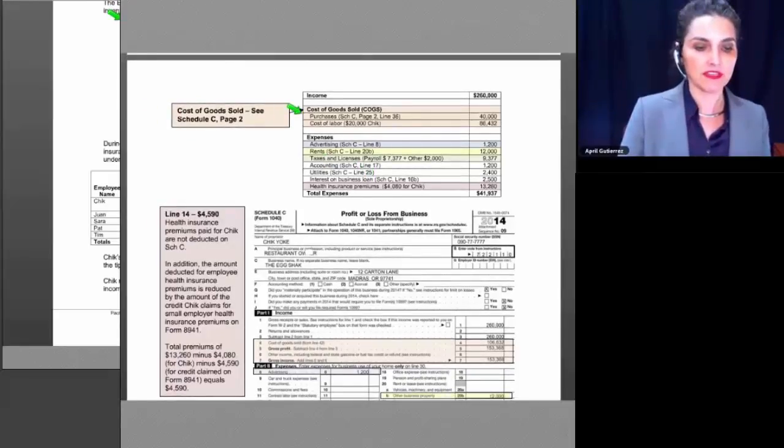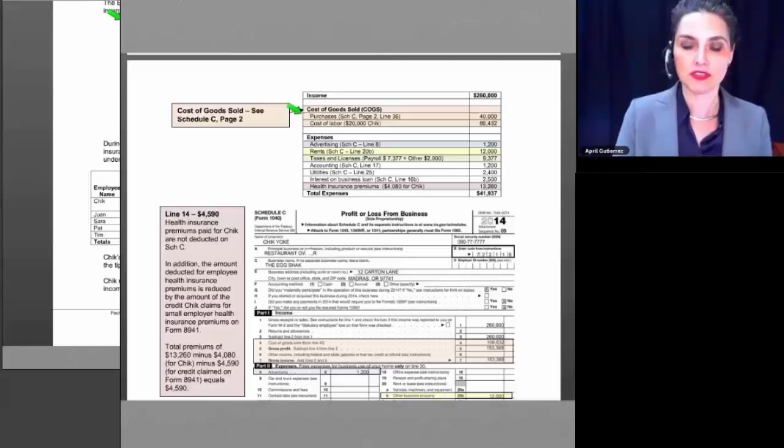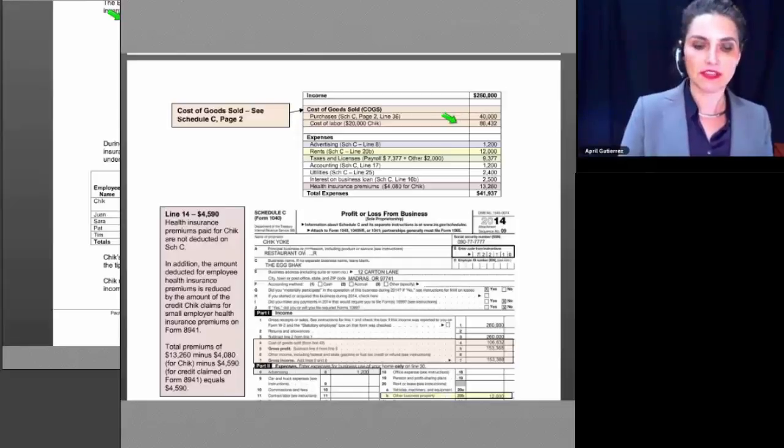The first thing is cost of goods sold. Of course, cost of goods sold is reported on page 2 of Schedule C. We have to be careful that in that cost of goods sold, we don't include any amount of the cost of labor that is for Chick. But also, we're not going to include any kind of cost of goods sold item for wages that were not actually paid out by Chick.